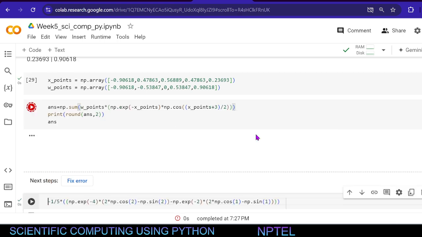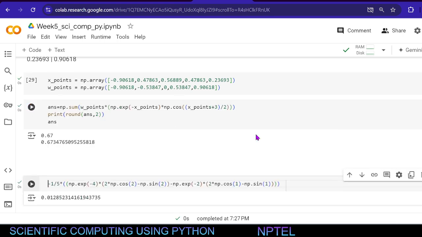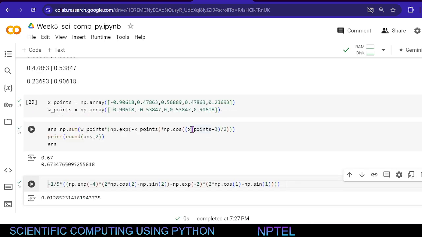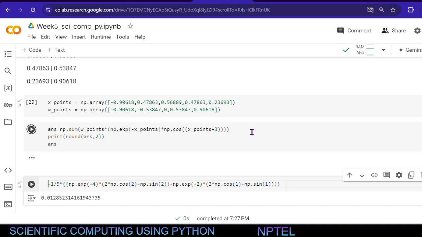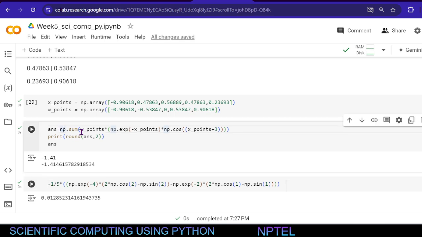I should have to. And I get 0.67, which is also not correct. Apparently this 1 by 2 factor should not be there. Oh, I forgot this part, right?